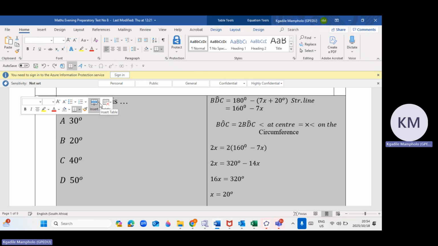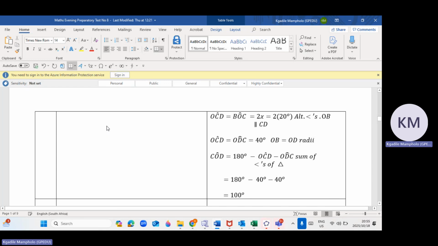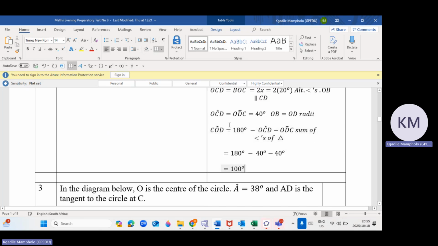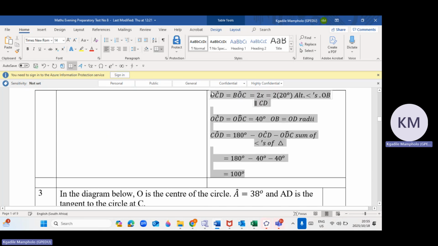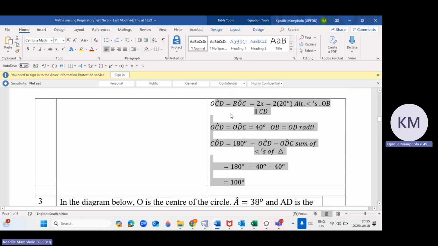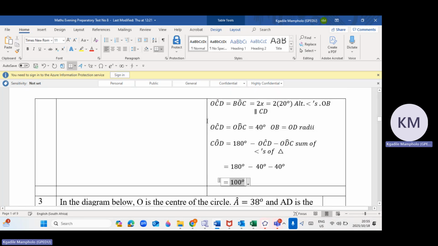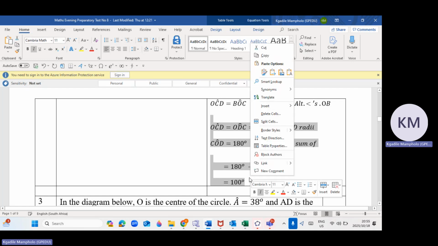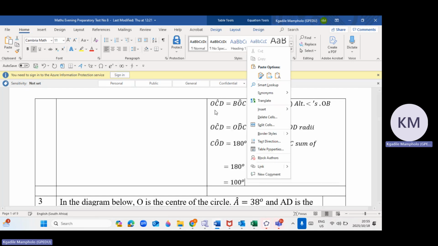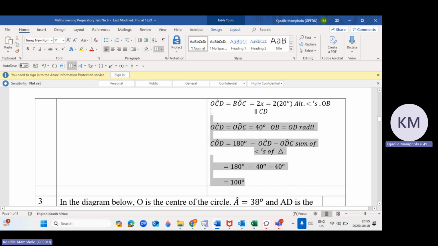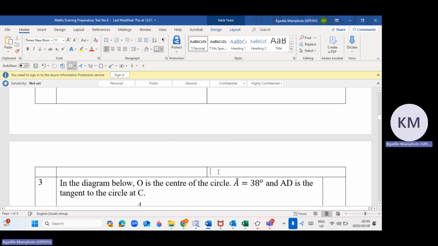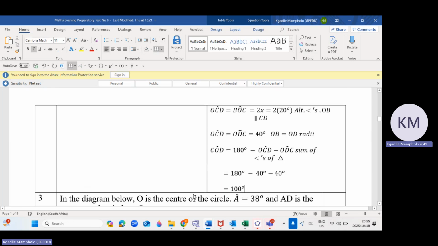But I think on the Google form, the question is there. Now, let's add the row. Then we remove this one because this was a separate question. Let's cut this one and paste it in the next row.